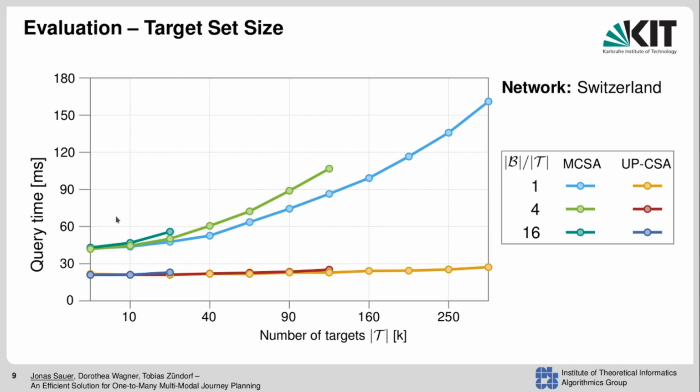What we observe for the MCSA algorithm is that fairly quickly the running time for the graph exploration starts to dominate the overall running time. Whereas down here for the UPCSA algorithm, it stays fairly similar, and the running time for the public transit network dominates the running time. So our UPCSA algorithm scales much better.